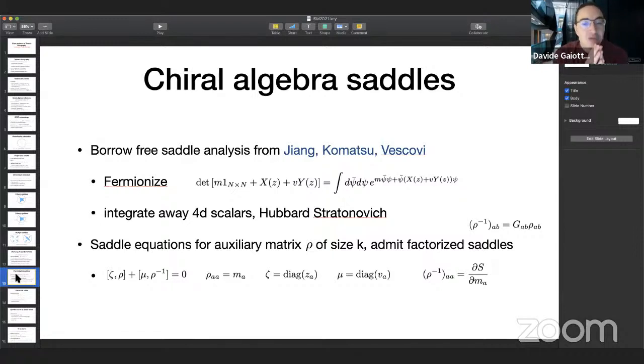The first step is to fermionize the determinants. So you take this determinant of an N by N matrix, and you write it as a Grassmann integral, introducing these auxiliary fermions, psi and psi bar, which are N zero-dimensional fermions, such that the integral over psi and psi bar reproduces the determinant.